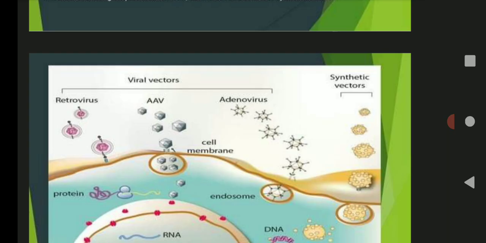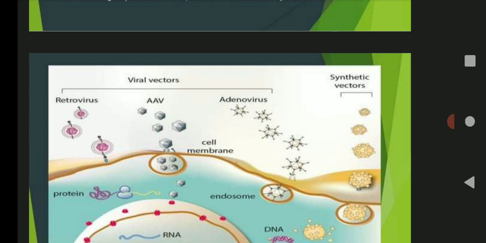Another mechanism is adeno-associated viruses, which are also capable of packaging the foreign DNA. When the virus infects a cell, it is incorporated into the system by endocytosis, which reaches the nucleus, whereby it delivers the DNA of the gene of interest. Adenovirus directly binds with the receptor on the surface of the membrane, and the endosome of the virus is formed.